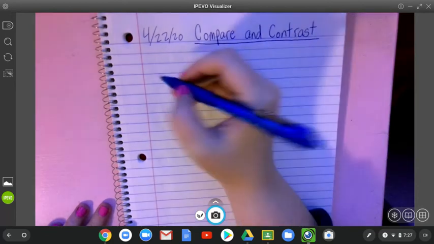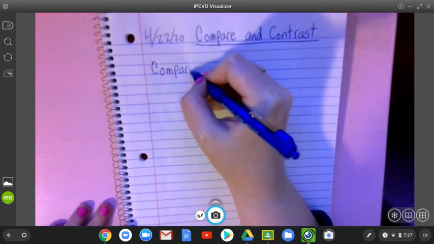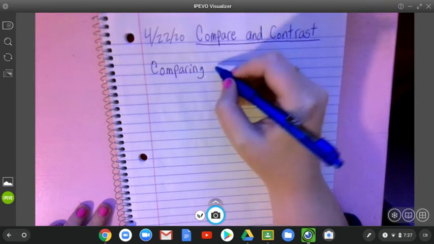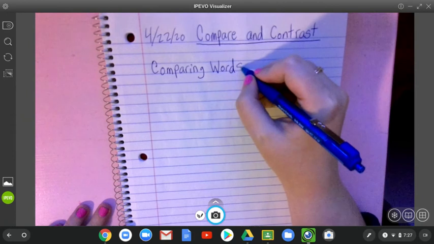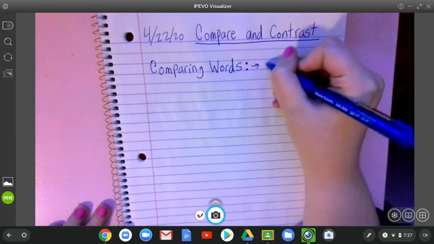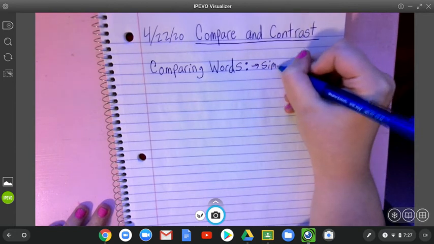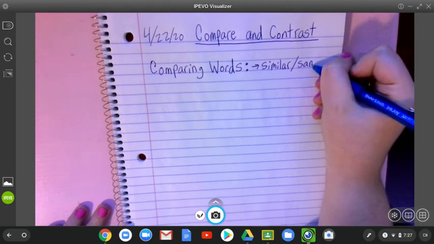So first thing we're going to look for is comparing words. These are words you find in the text that tell you that they're trying to compare two things. So they would be similar or the same.